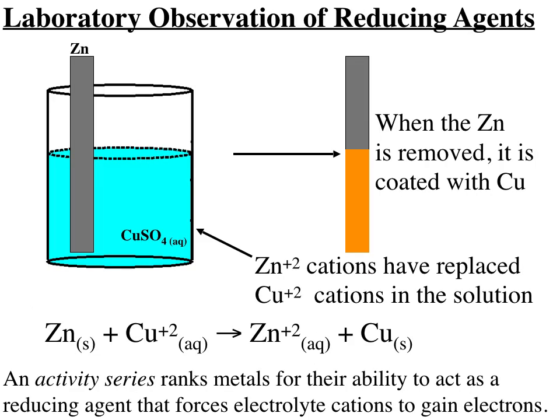We could make laboratory observation of the relative activity of zinc and copper in the following fashion. I take a strip of zinc, I place it down into a solution containing aqueous copper +2 cations. In this case, I have copper sulfate in the beaker. I let it sit in there for some period of time.